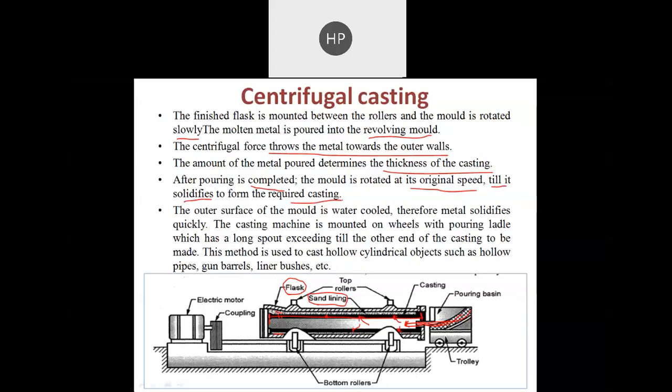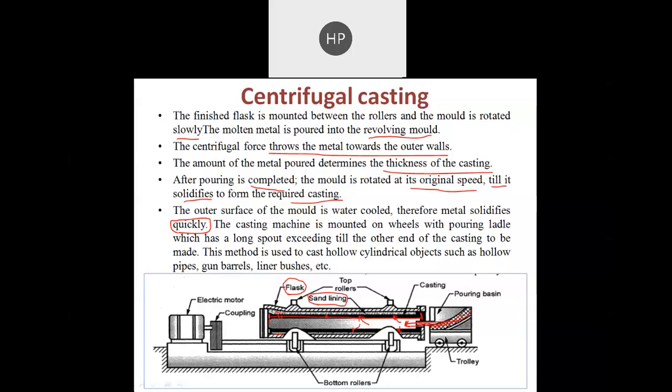The outer surface of the mold is water cooled, therefore the metal solidifies quickly. The cooling mechanism depends on the requirement, on what kind of cooling process we use, but generally it requires quick cooling.